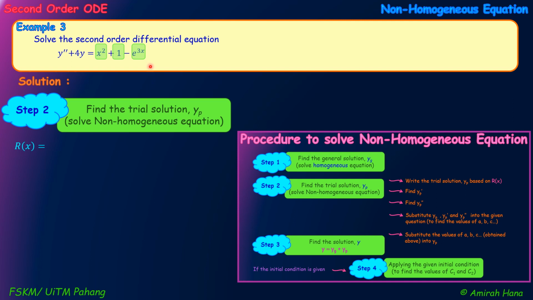Well, actually it's correct but a bit difficult. Instead of writing R(x) equals quadratic plus constant and minus exponential function, we better write R(x) equals quadratic plus exponential function.